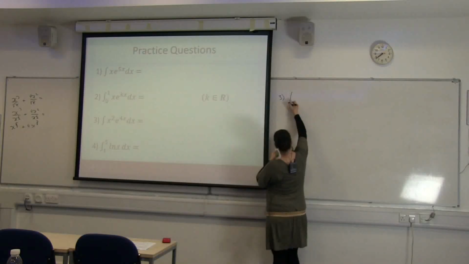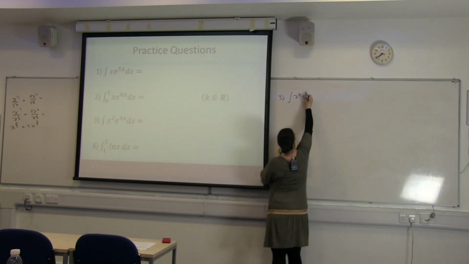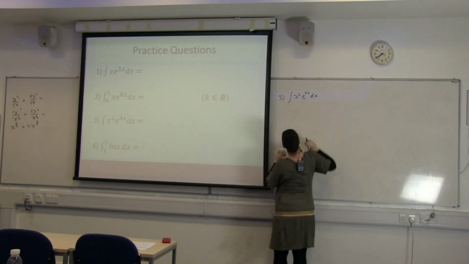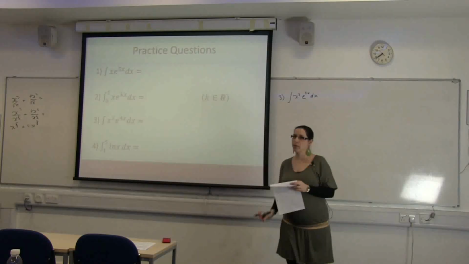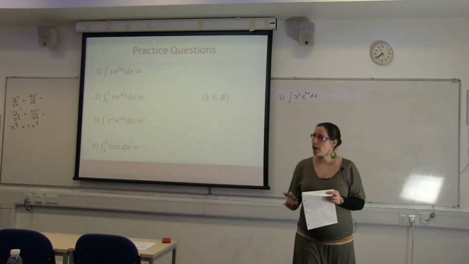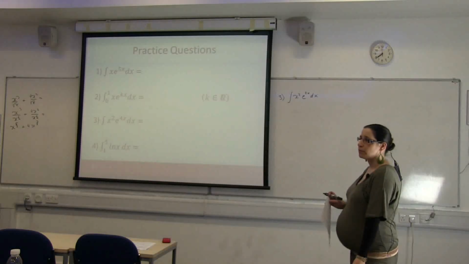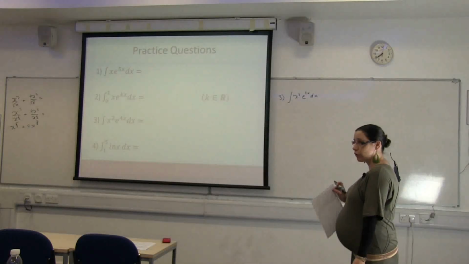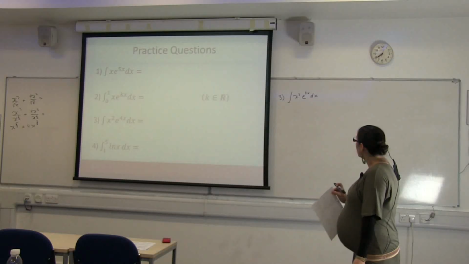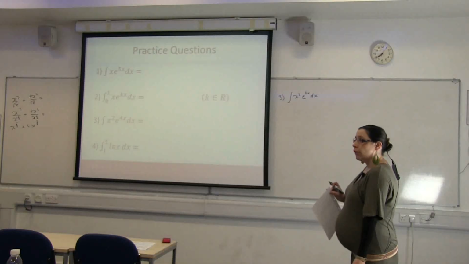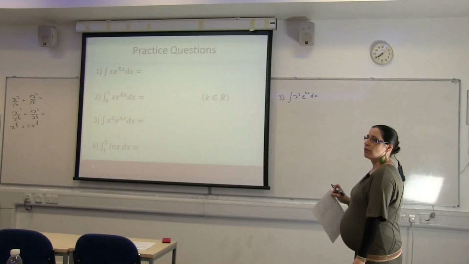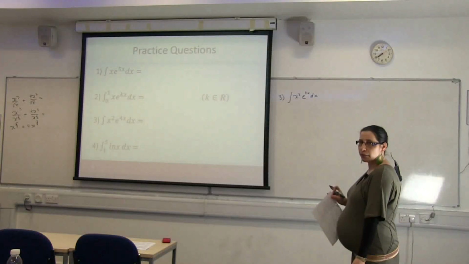Okay, so integral x squared. Okay, so again, why are we going to use the integration by parts here? Because it's a product of two functions, and on top of that, one of the functions will get simpler if I differentiate it.